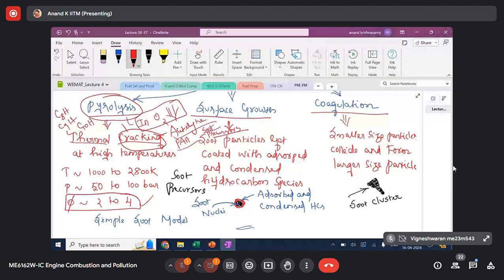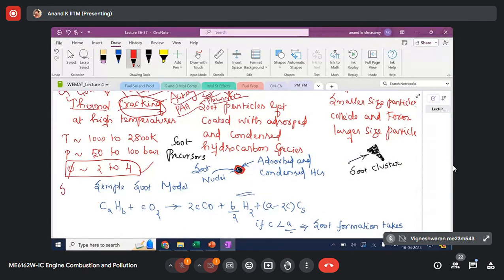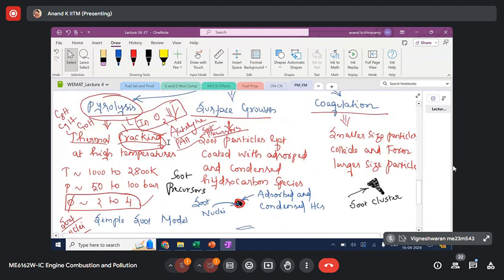This is a typical formula. Okay, so you have this gas phase species, acetylene or PAH. Upon condensation, it leads to forming something called soot nuclei. Use the word soot nuclei. So gas phase species condense and form this solid phase species, which is soot nuclei, with a typical formula of C8, C9, C10H. So there is negligible hydrogen and a high proportion of carbon. That is what is soot.